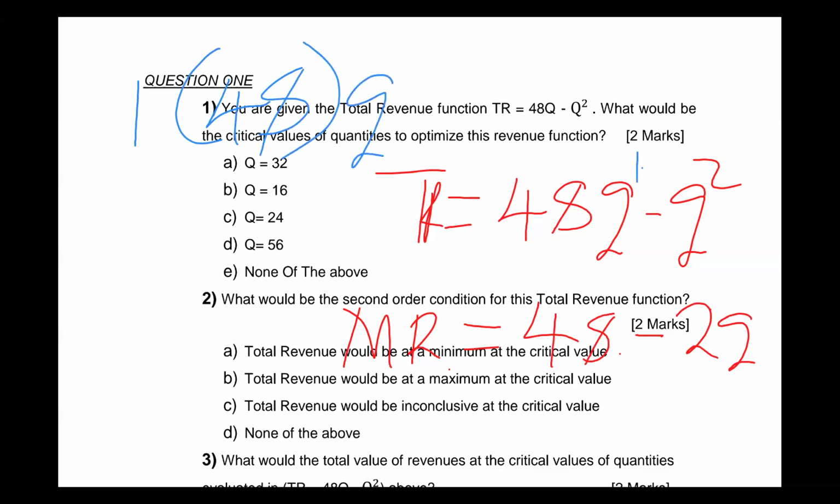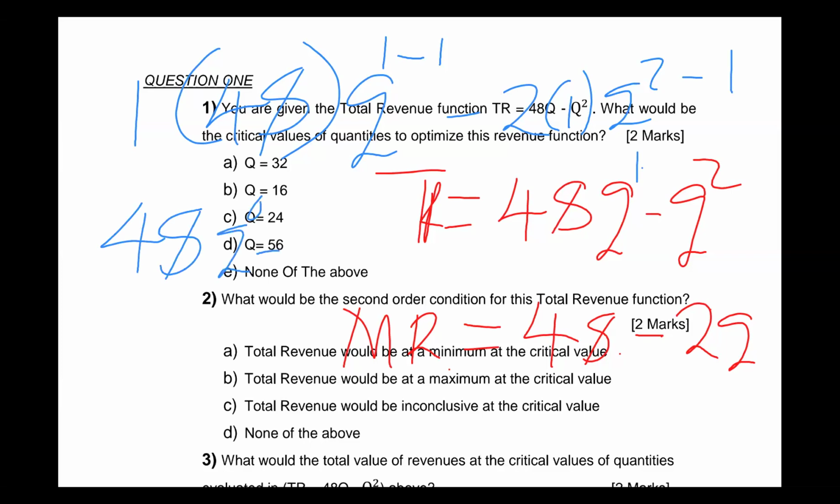I guess those things are no longer a challenge to you, isn't it? Yes. Then minus 2 times the 1Q to the power 2 minus 1, you know those things. 48Q to the power 0 minus 2Q. And then 48 times 1 minus 2Q.